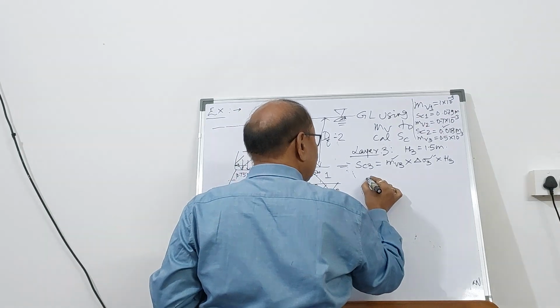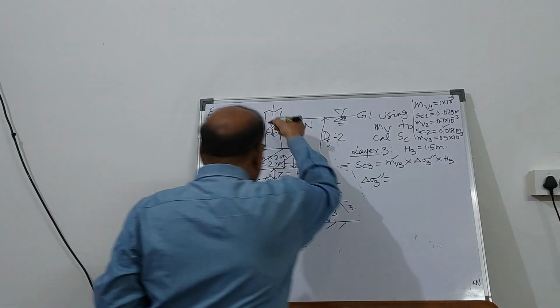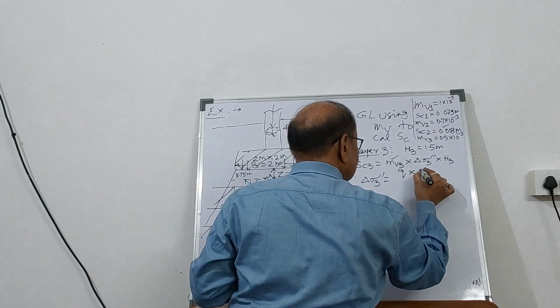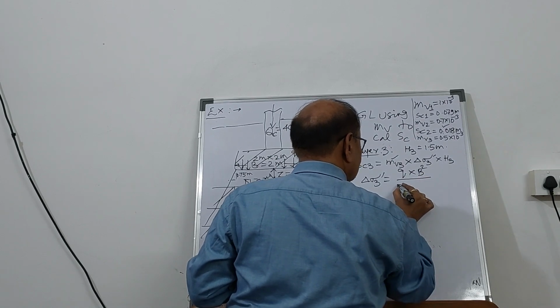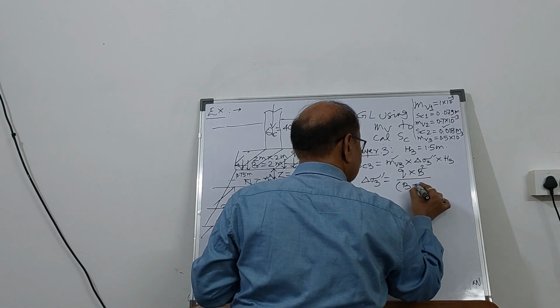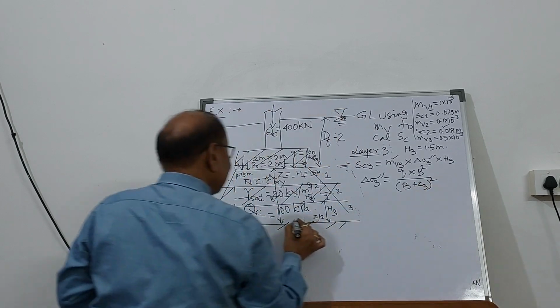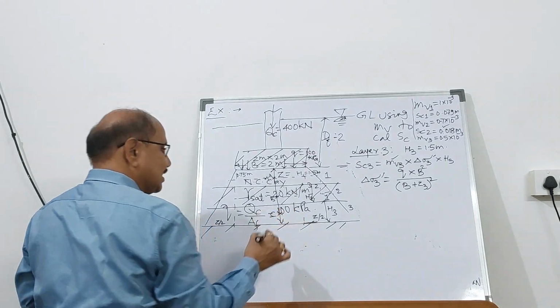Now, how will you find out delta sigma 3 prime? Due to the external loading, the intensity of loading into the area of the footing divided by B plus Z3 whole square.